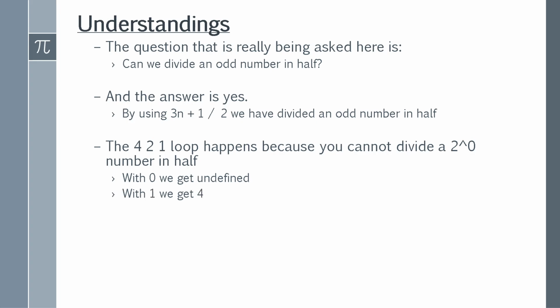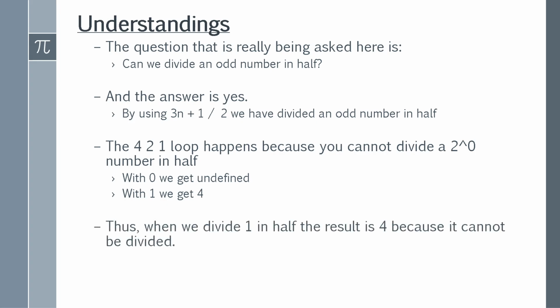So when we divide 1 in half, we get 4. So it creates this loop because we're taking 1 from the right, subtracting it, and adding it to the left. But when we add it to the left, it's now shifted the power from the 2 slot to the 4 slot. And so it just creates a loop. And so again, when we divide 1 in half, the result is 4 because it cannot be divided.